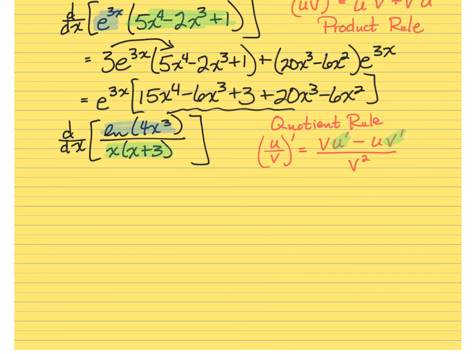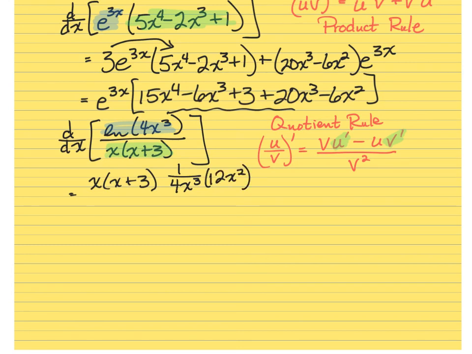And so this is what it's going to look like. So we take the derivative, we take the low function, I should say. So our derivative is x times x plus 3, that's v, times u prime. So the derivative of ln of 4x cubed is going to be 1 over 4x cubed times 12x squared.